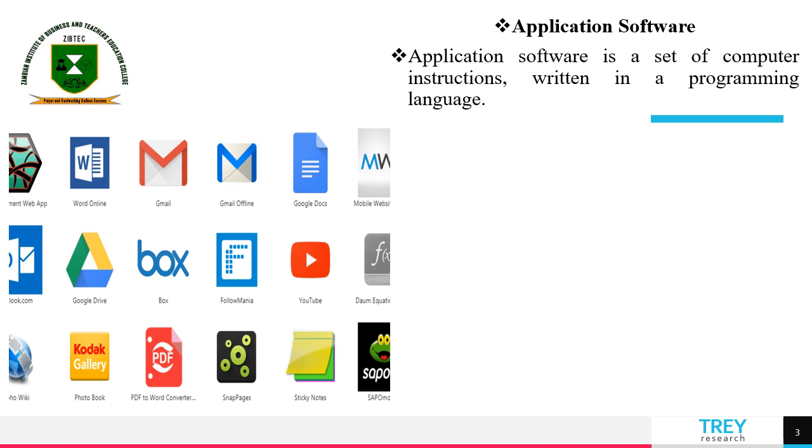Okay, so now here on the left hand side, if you look, we've got different types. We've got Microsoft Word, we've got Gmail, Google Docs, Google Drive, YouTube. I'm sure you can see the icons which are showing in this screen.